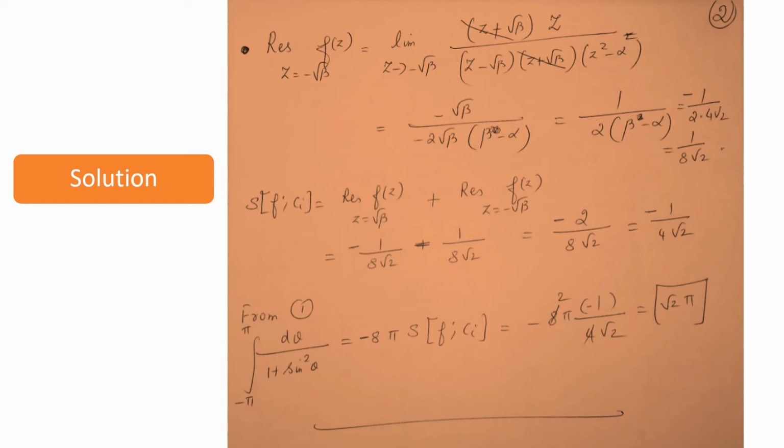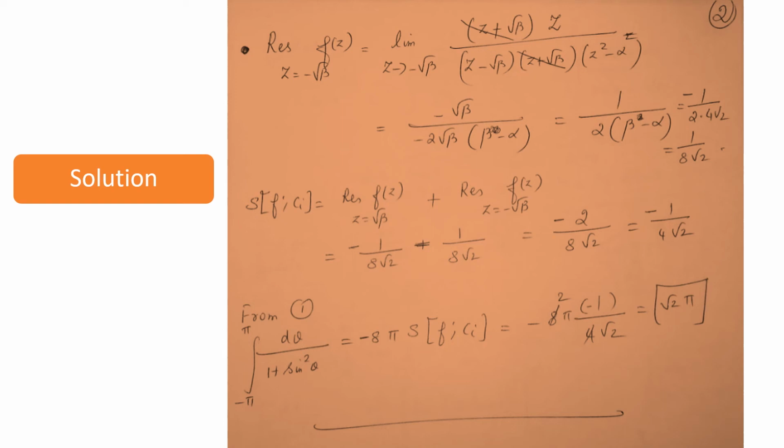Simplifying this, we get the result as root 2 pi. So using Cauchy's Residue Theorem, we got the value of the integral from negative pi to positive pi of d theta by 1 plus sine squared theta to be root 2 pi.